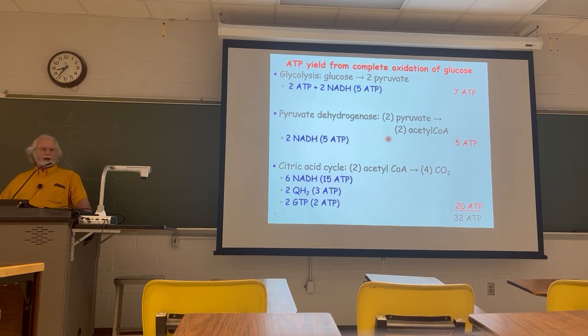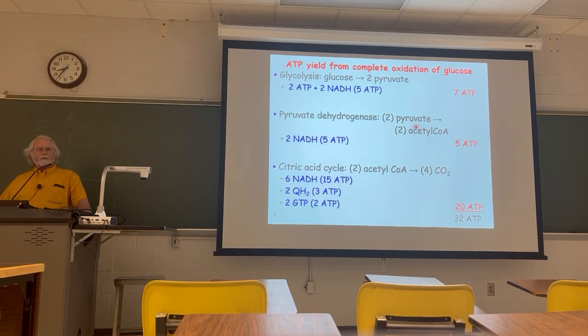The pyruvate dehydrogenase complex makes 2 NADHs. So remember that decarboxylates pyruvate to make acetyl-CoA, and there's 2 of those from each glucose molecule. So we get 2 NADHs, and so that's another 5 ATPs.